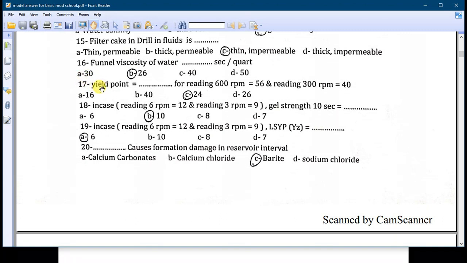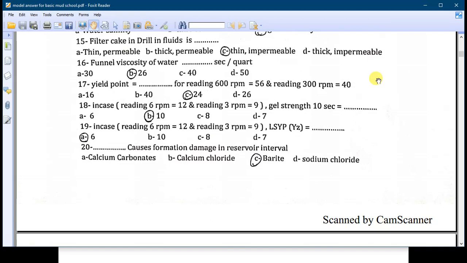Number 17, the reading at 6 RPM equals 56 and the reading at 3 RPM equals 40. Actually, how to calculate the yield point? Yield point equals the 300 RPM reading minus the plastic viscosity.